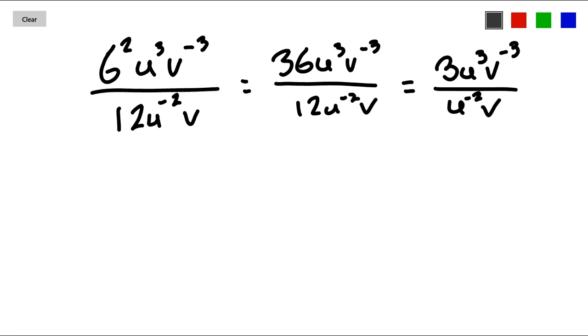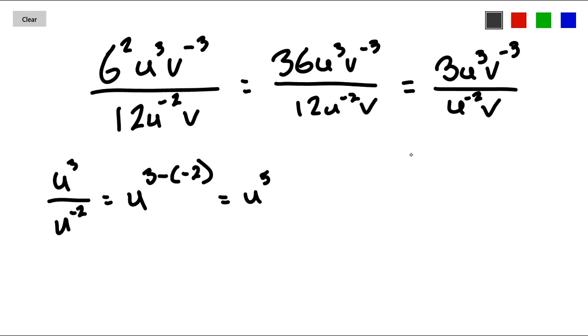And so you can go about this one of two ways. You can either use the quotient rule and say that u cubed over u to the negative second is equal to u raised to the third power minus negative second, which gives me u to the fifth. And that takes care of the u's.